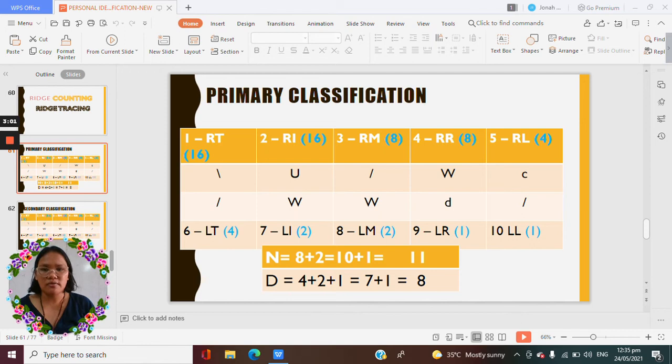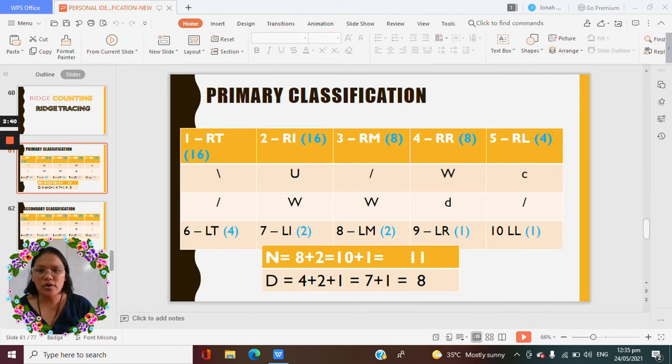So let us take a look at this. First, we have to separate the fingers that are used for the determination of the denominator and the numerator.